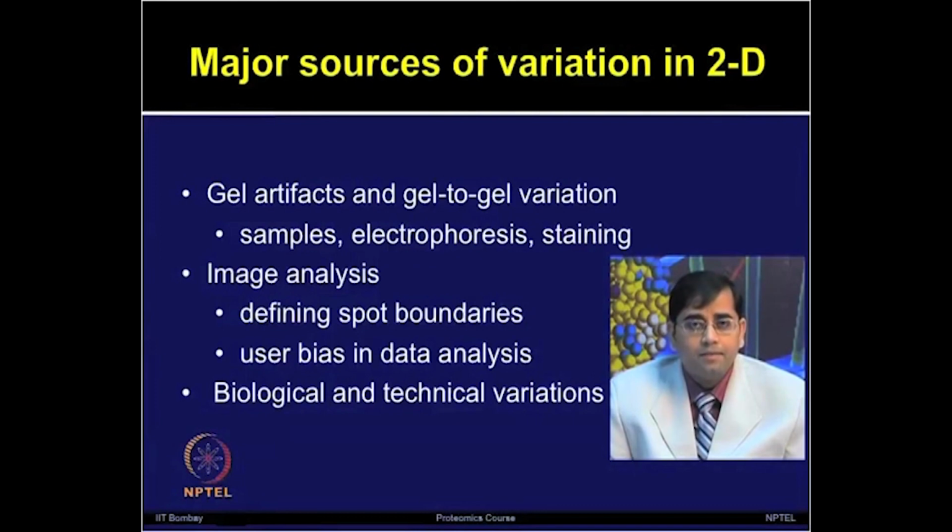Image analysis itself is a very challenging process. How to define the spot boundaries, how to extract the intensity information from those spots. Often there is a user bias in doing this type of data analysis. So, these are major sources of variation in two-dimensional electrophoresis.